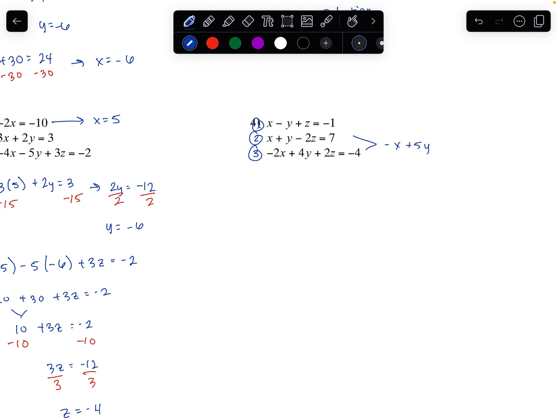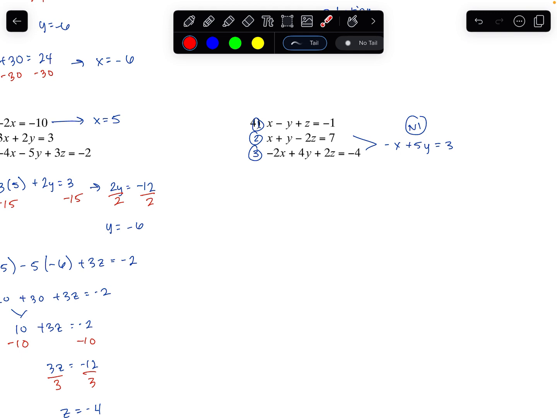And then notice here that I have negative 2z and positive z, so those cancel. And then I have 7 and negative 4, so that's going to be equal to 3. And I'm going to call this my new equation. It's a new equation without any z's. I need another one, though, without any z's again.